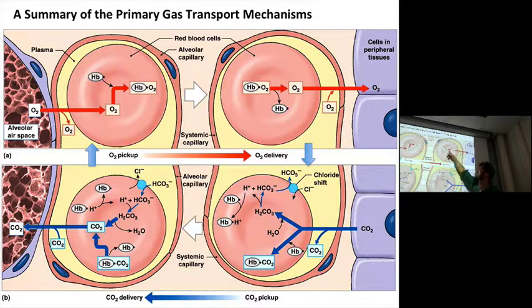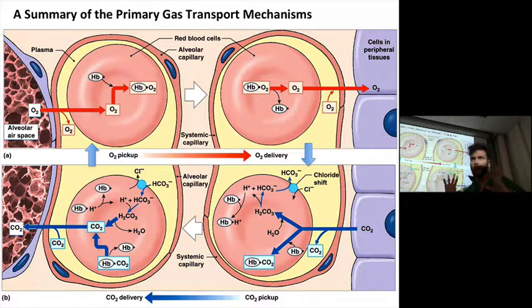So this oxygen is going to dissociate itself from the hemoglobin and diffuse into those cells where it's going to be picked up and utilized. On the other hand, those cells are going to use that oxygen to combust carbon, right? The carbon that's found in sugars, in glucose. And that combusted carbon dioxide is going to diffuse out of the cells. It's going to get picked up by the red blood cells.